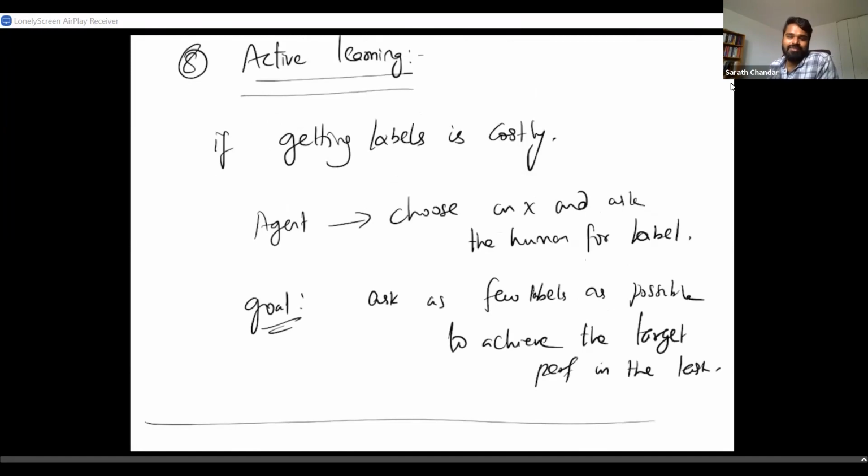Now I have given you an algorithm for active learning. This is probably a naive vanilla algorithm. There are hundreds of algorithms on how to improve on this. Any other questions?